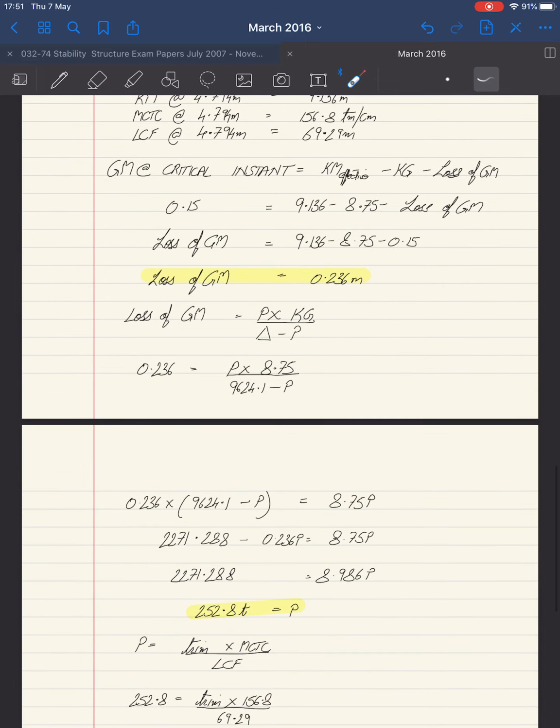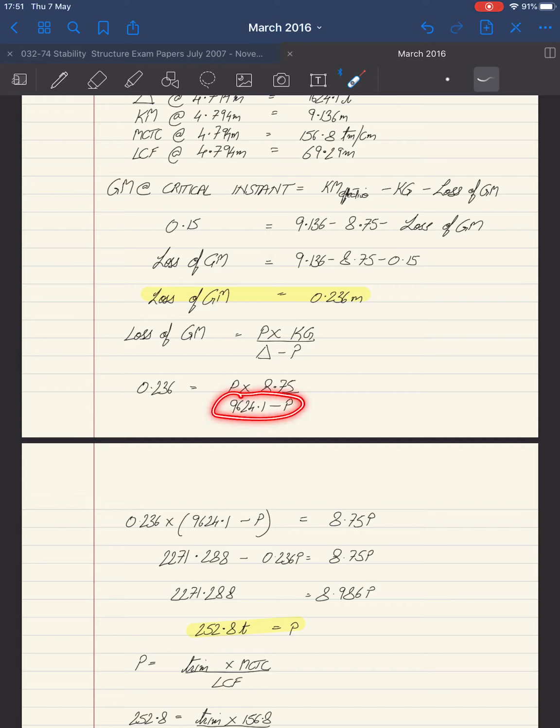When we transpose the formula, we'll take everything here on the left hand side and multiply it on the numerator. So we'll get 0.236 multiplied by 9624.1 minus P, which is equal to 8.75P.